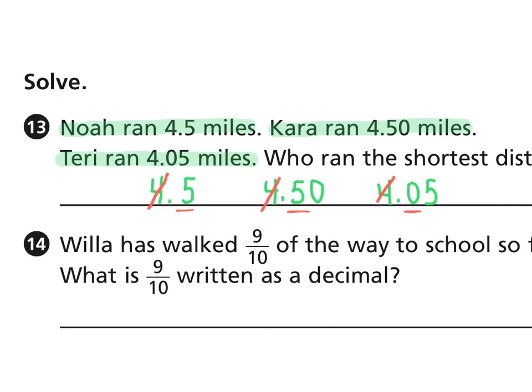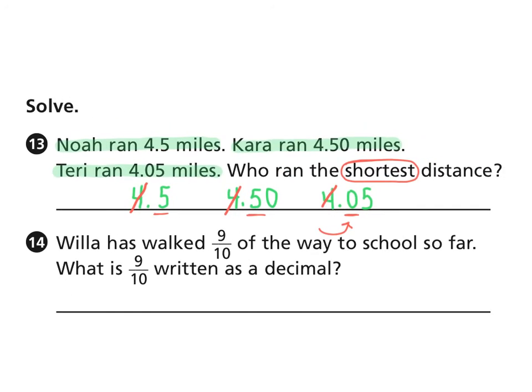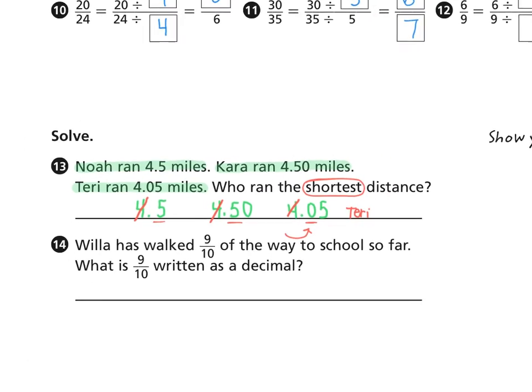My question is, who ran the shortest distance? So if I have 5, 5, and 0, there's a change there. 0 is smaller than the 5s. So I know that Terry ran the shortest distance. If you don't take the time to actually set these up and cross out the numbers, you will make a silly mistake, and maybe you might think that 50 hundredths or 5/10 is the shortest, okay?